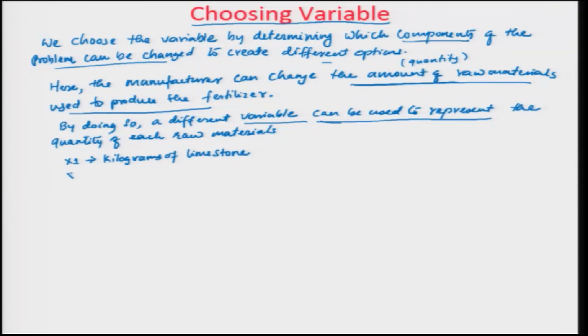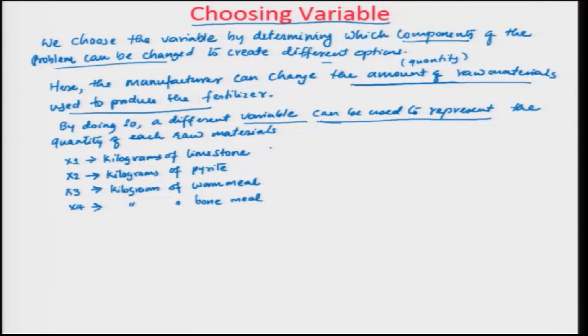Variable x2 denotes the kilograms of pyrite. x3, third variable, denotes the kilograms of worm meal. x4, the kilograms of bone meal.